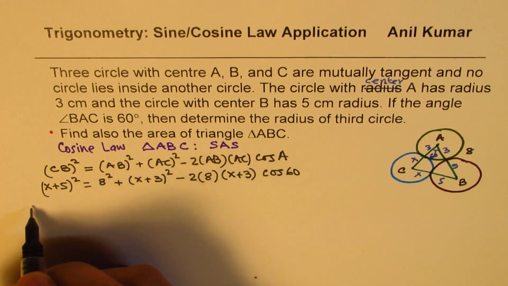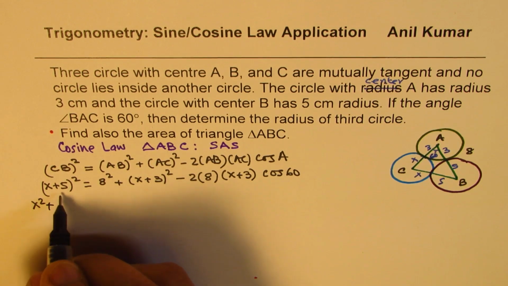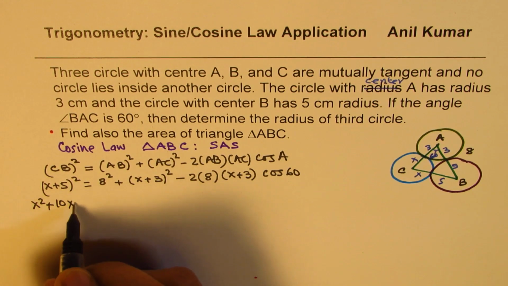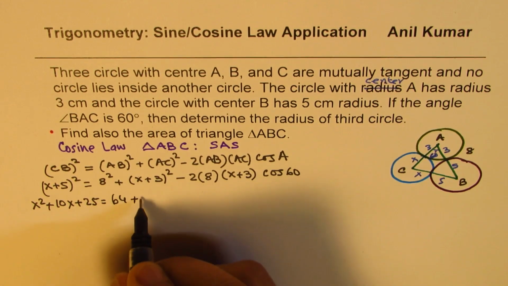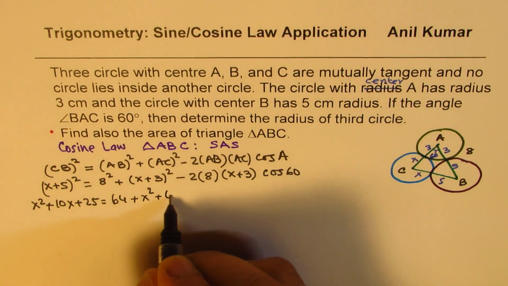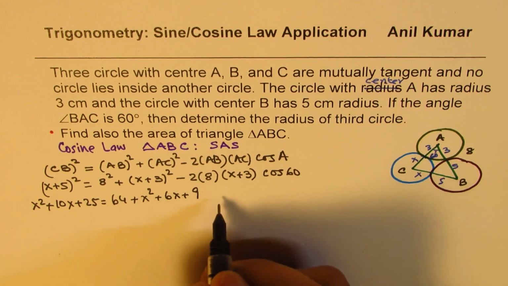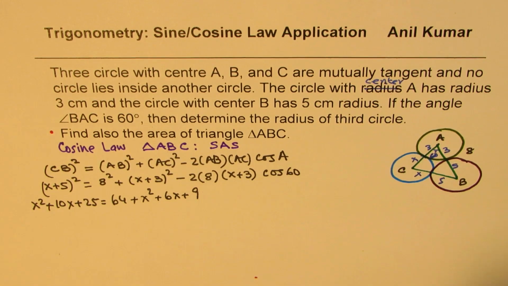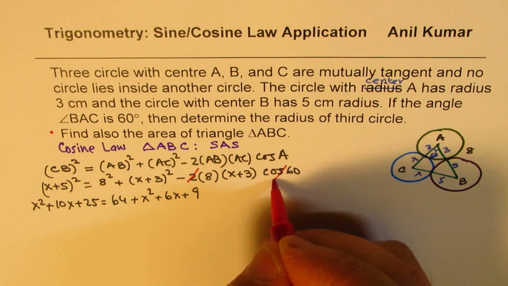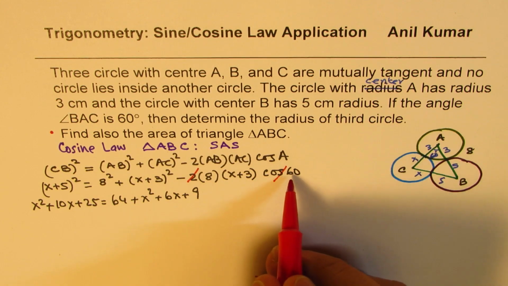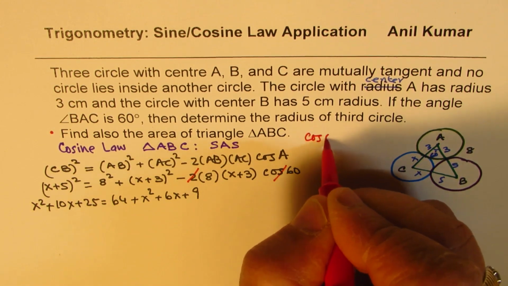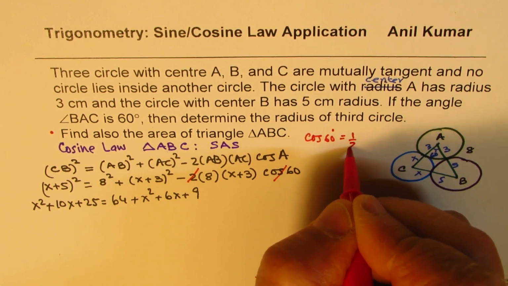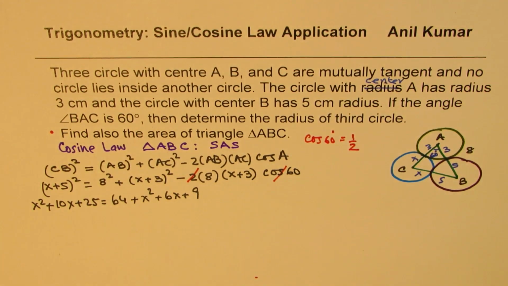Since this is x square plus 10x plus 25, here we get 64 plus x square plus 6x plus 9, and here the 2 cancels with the half since cos 60 is half, right?